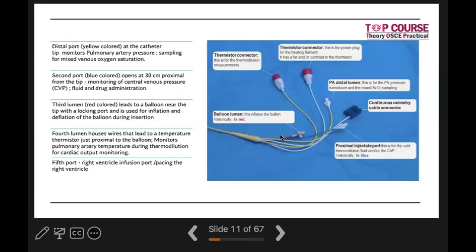The third is the red lumen, which is used for balloon inflation. The fourth lumen is for the thermistor, which senses the cold saline changes with respect to cardiac output and blood flow in the pulmonary circulation. The fifth port is optional and can be used for right ventricular infusions as well as pacing.